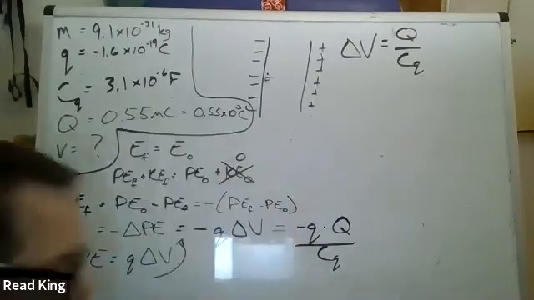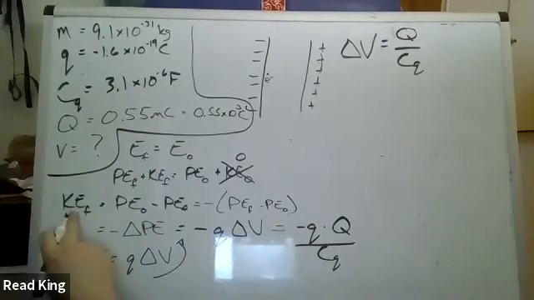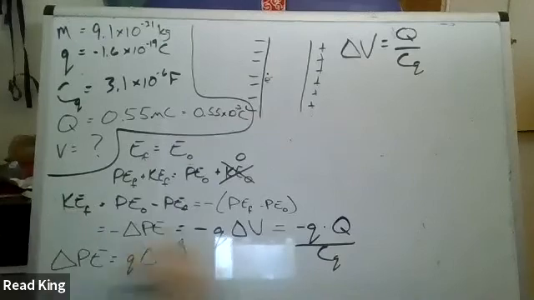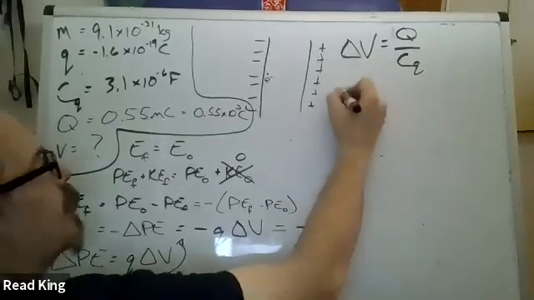I think we're now at a point where we can start plugging some numbers in. Actually, you know what? Let's not. Let's do one more step. I'm going to rewrite this up here so we've got it in one spot.